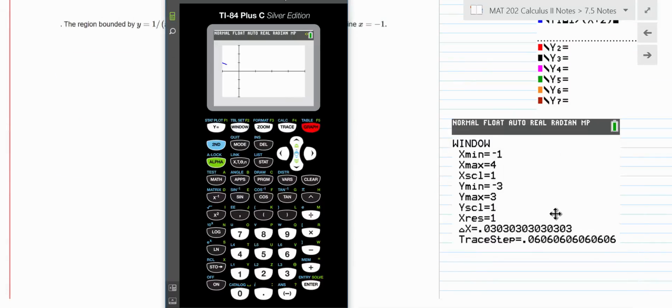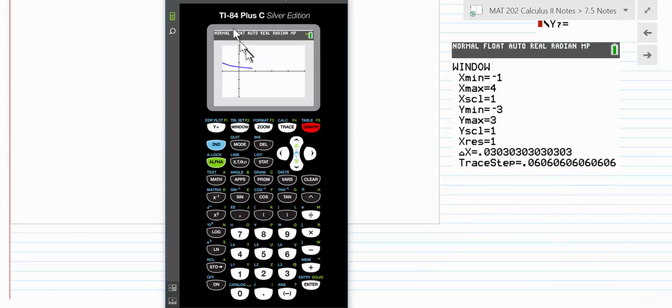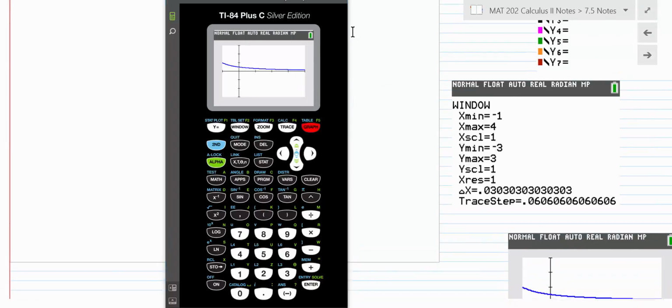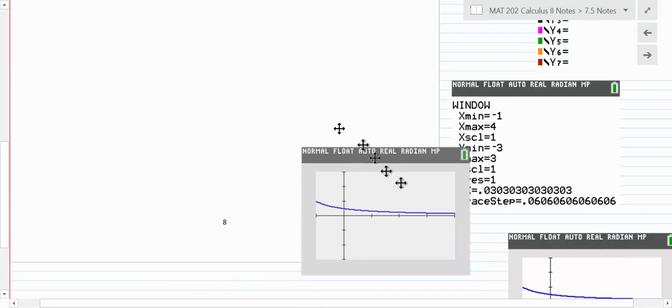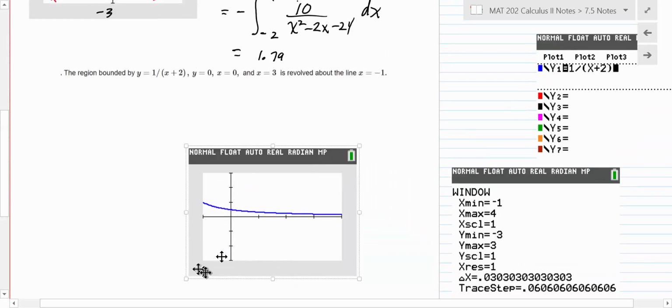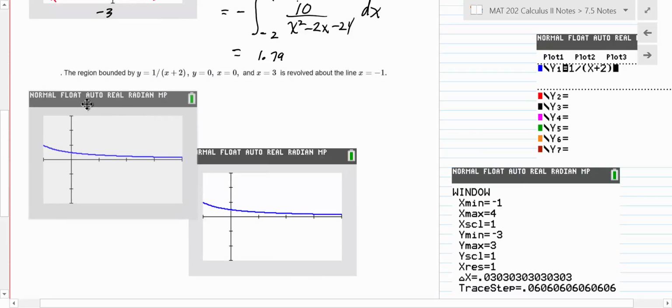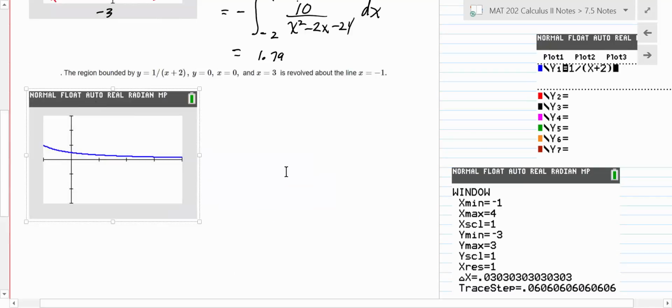Okay, so this is all we need so that we have a pretty good picture here. Now what we're going to do is set up an integral. We're not going to solve the integral, we're just going to set it up here. So that's your window. If you want to do that on your calculator, you can certainly do that. And that's what you would roughly be set up with.